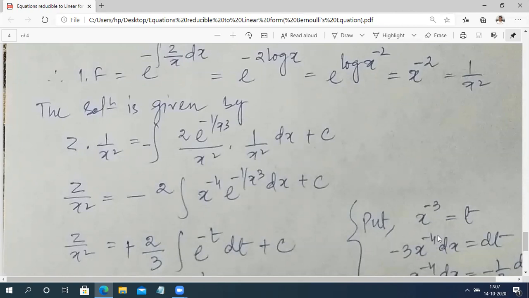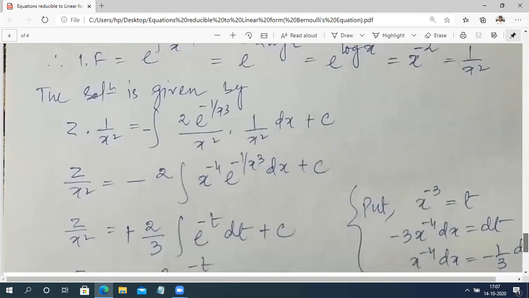If you differentiate this with respect to x, applying the formula for x to the power n, which gives n x to the power n minus 1, it will be minus 3x to the power minus 3 minus 1, that is minus 4, dx is equal to dt.